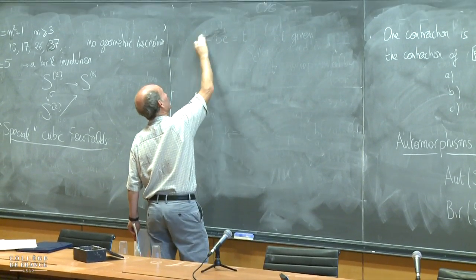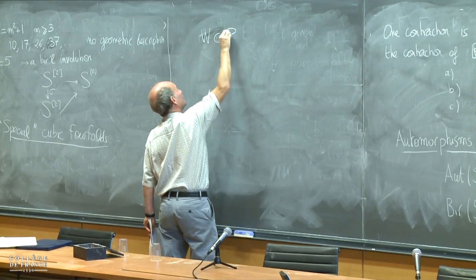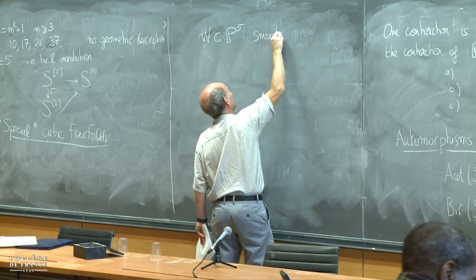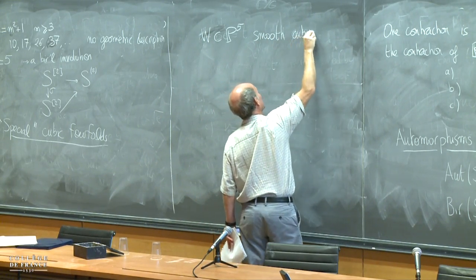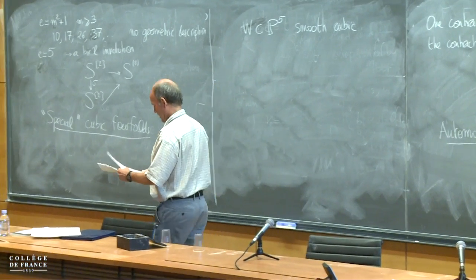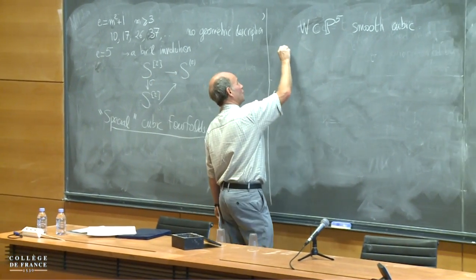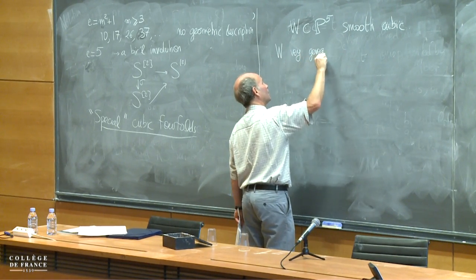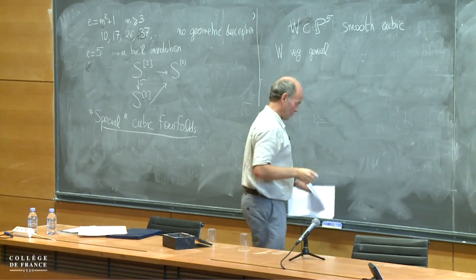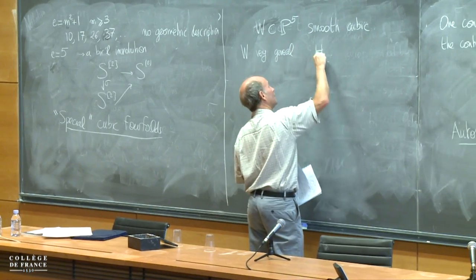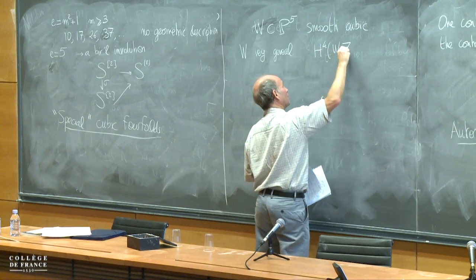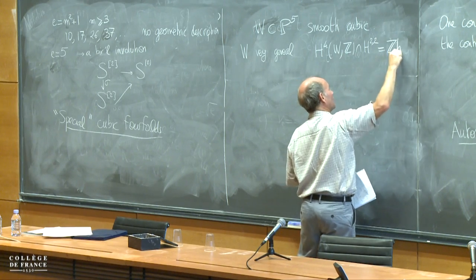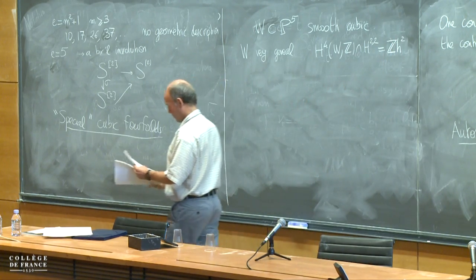We take cubic fourfolds, I call them W, smooth cubic hypersurfaces. When W is very general, there are not many algebraic cycles, in the sense that the intersection of the integral part and H^{2,2} is just generated by the square of the hyperplane class.